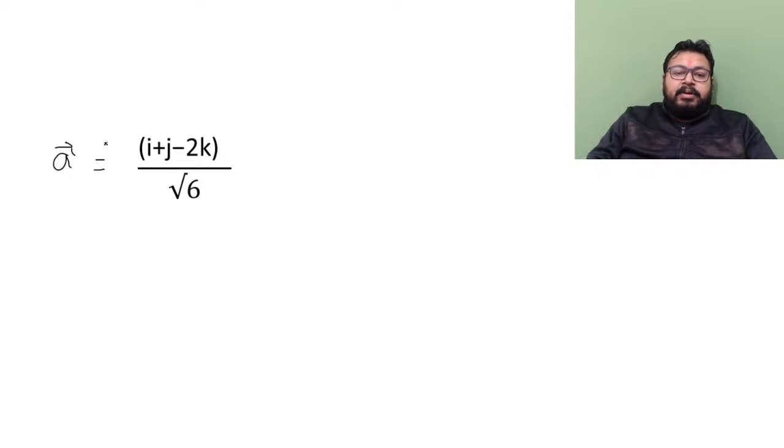Okay. Now if you look at this vector, then this vector is already in the form of a unit vector. Okay. So ideally I should put a cap here, because this vector is given in the form of a unit vector.